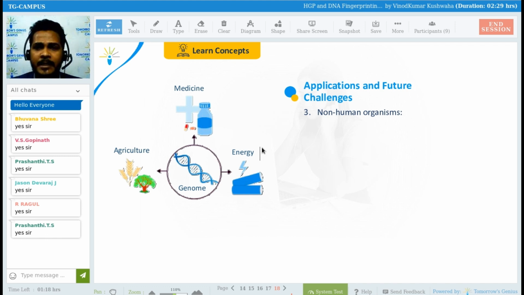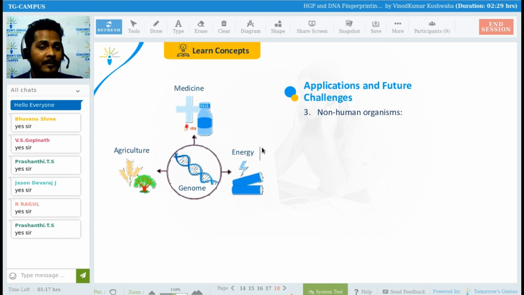Now, what does environmental remediation mean? There are many bacteria available in the atmosphere that are environmental remediating bacteria, called xenobiotic bacteria. If a pond is full of heavy metals, and you introduce that bacteria into the pond, they will clean all the heavy metals from it. That is possible if you understand the DNA sequence of non-human organisms.